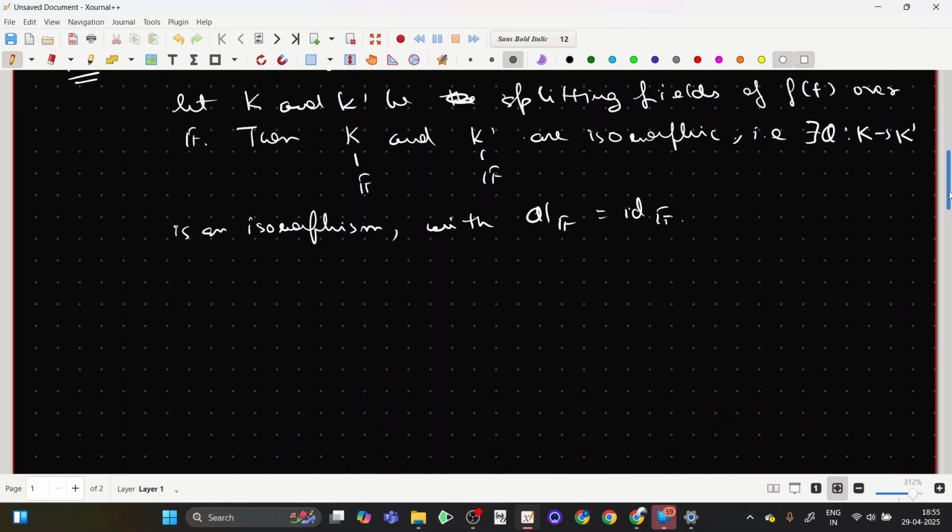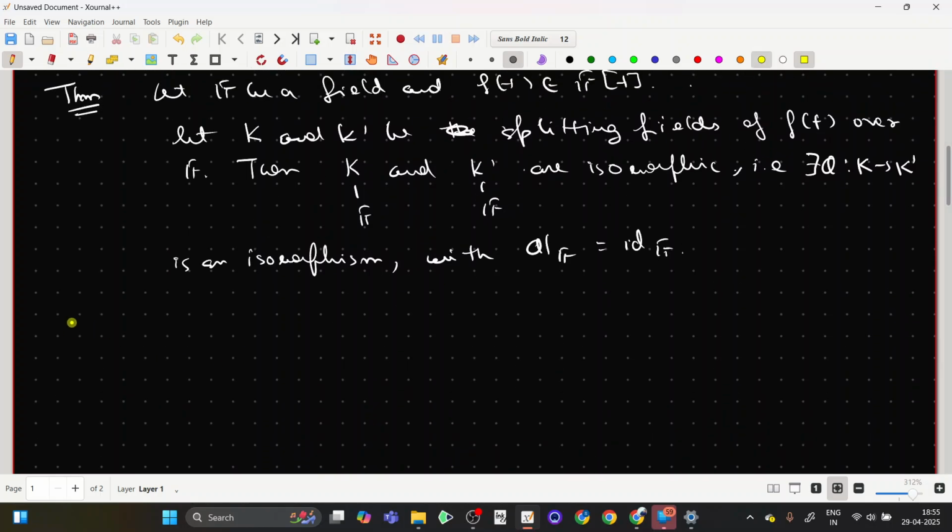That is what we want to prove. Proof: please go through the proof in detail, because this is a very important tool which we often use.